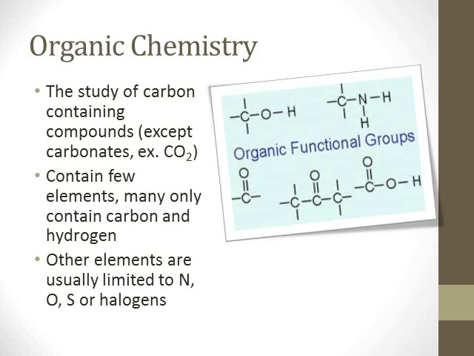Oxygen, which we find in all four of our large categories of biomolecules. So in our carbs, our proteins, our lipids, and our nucleic acids. And sulfur, something that we also see in our proteins primarily, and occasionally some of the halogen materials.